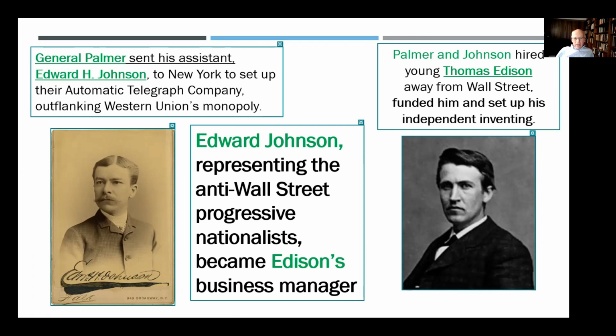And they hired the young man, Thomas Edison, who was inventing, but he was not independent. He was working for Wall Street. They set him up in their own company, gave him money and the means to become completely independent. Johnson became Edison's business manager. Next slide.